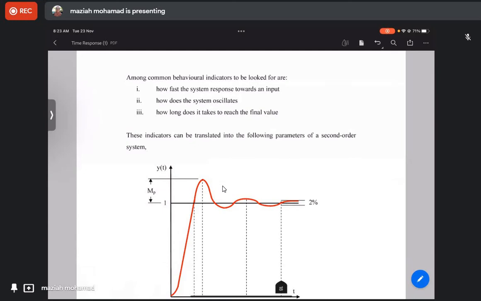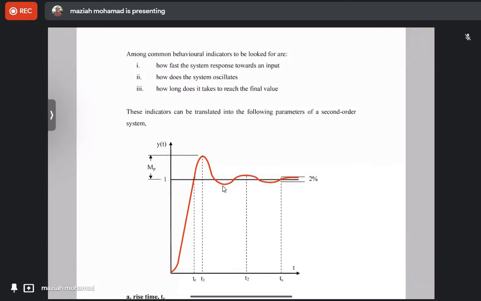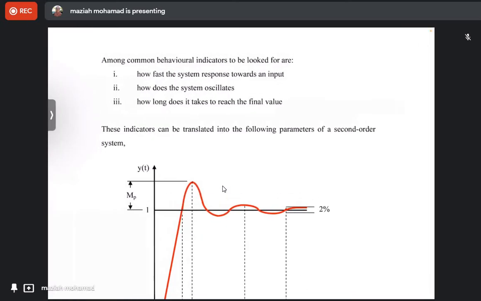Okay, so let's continue. So for our second order or first order, actually it is the same, right? For the second order, this kind of behavior is something that we're going to look into. So first is how fast the system responds toward the input. Okay, I mentioned just now we want a faster response. Okay, we want to have higher overshoot, lower overshoot, and settling time. Okay, so this is actually explained by these three indicators.